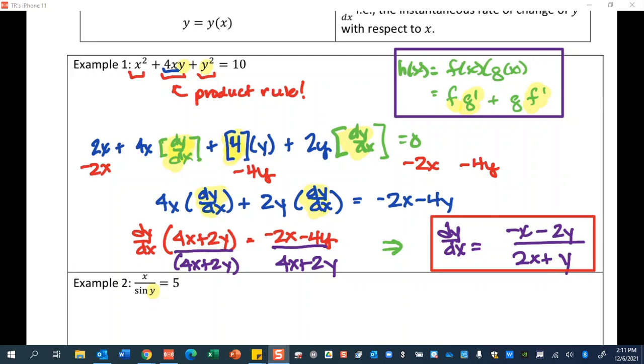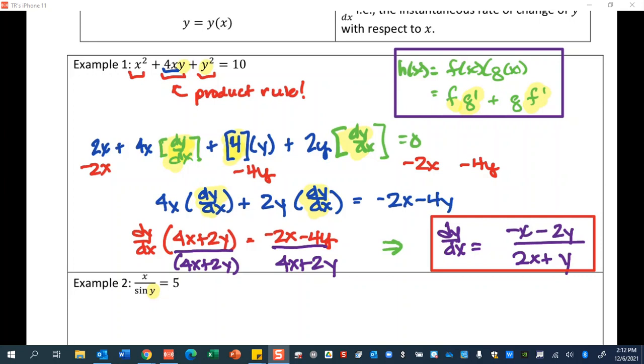Here, 2y dy dx is equal to the derivative of my y squared, and then 0 is just 0, because that's the derivative of a constant. And then what I do is I highlight all my dy dx's, because my job is to get them on the same side. Everything that's not a dy dx, he can go.